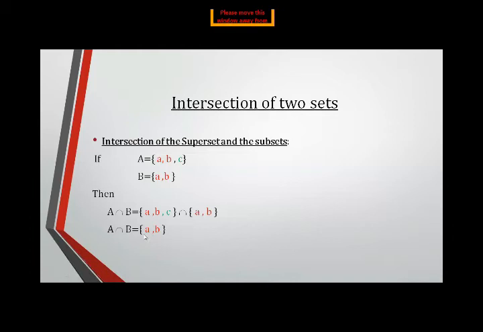From the definition of intersection, we know that we are taking the common elements from both sets. So here we write the common elements, which are A and B. So A intersection B is equal to A, B. So this is the intersection between subset and superset.